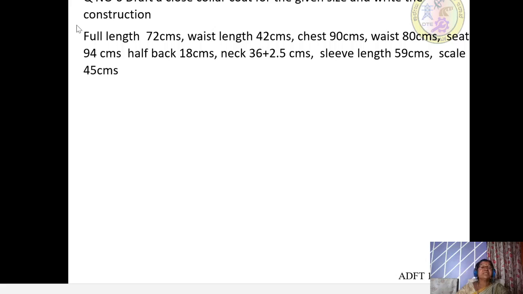Next, question number 6. This is regarding drafting of the close collar coat. Draft a close collar coat for the given size and write the construction.